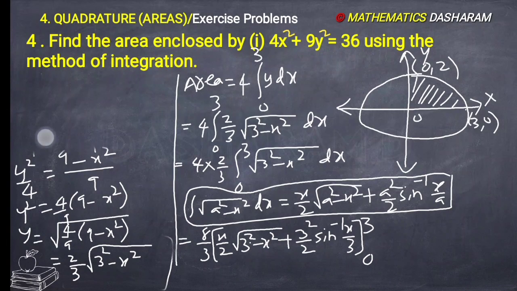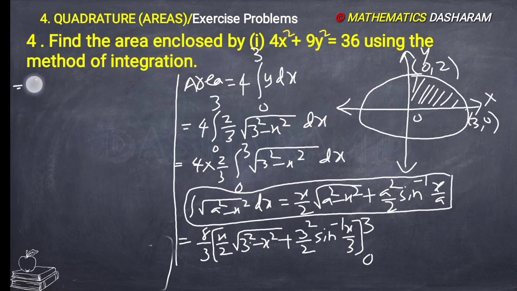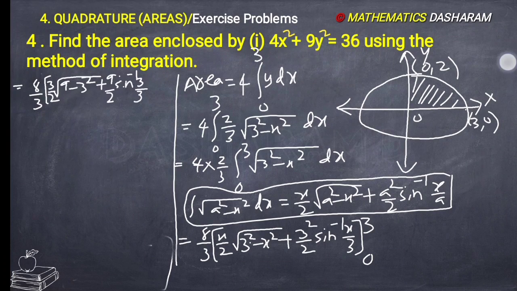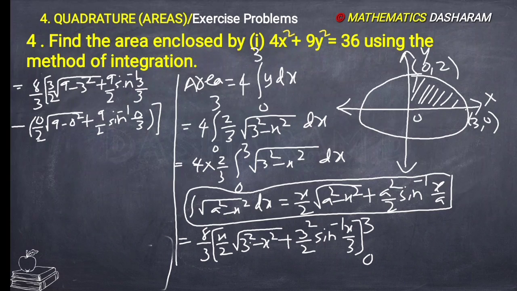So now 8 by 3, first substitute the upper limit 3 by 2 into under root. Next substitute the lower limit, so for the lower limit, take the bracket 0 by 2 under root. So it is equal to 8 by 3 bracket of 3 by 2 into, here 3 square is 9, 9 minus 9 is 0. Next 9 by 2 into sine inverse 3 by 3, which is 1.